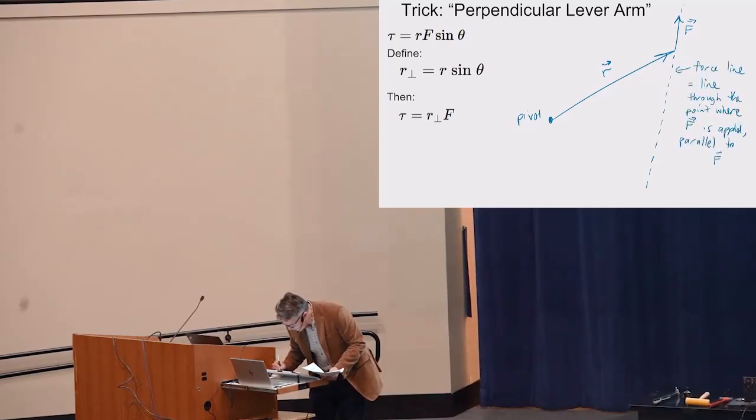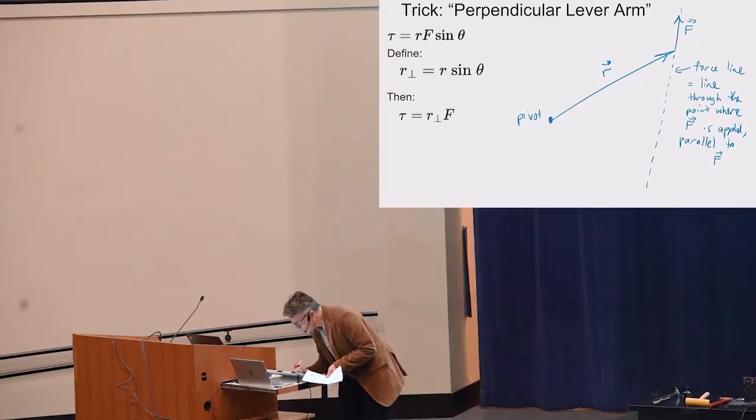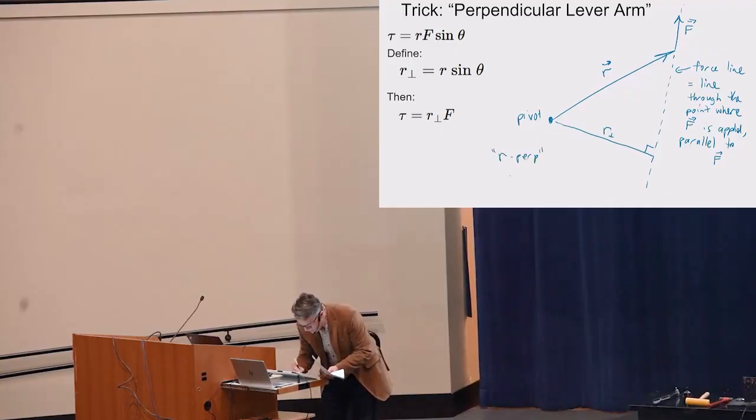And then you find the shortest distance from the pivot to that force line. And that is called r perpendicular. It's the perpendicular lever arm.